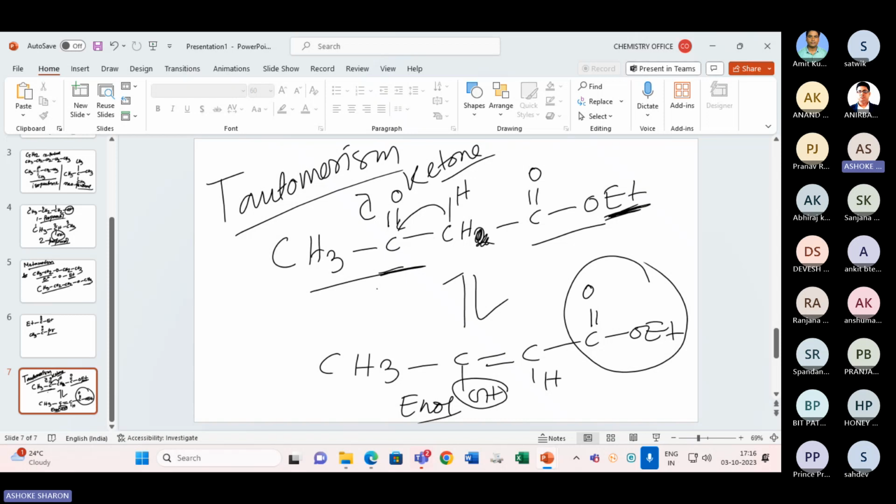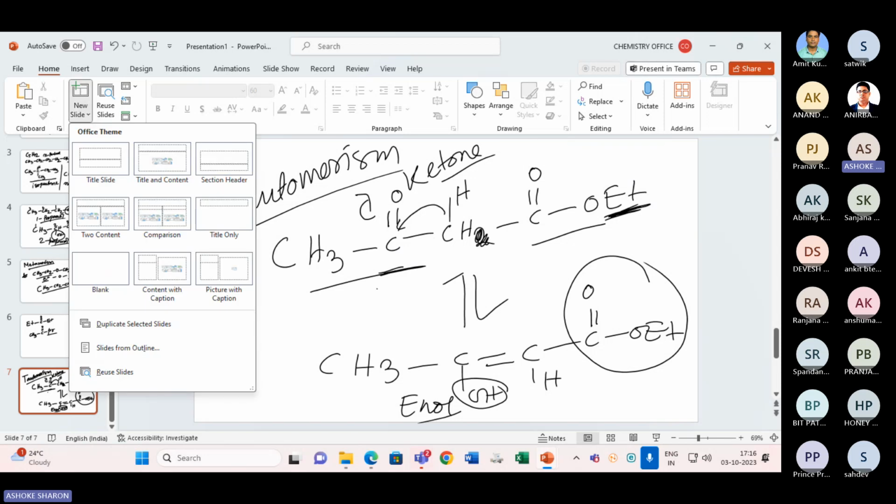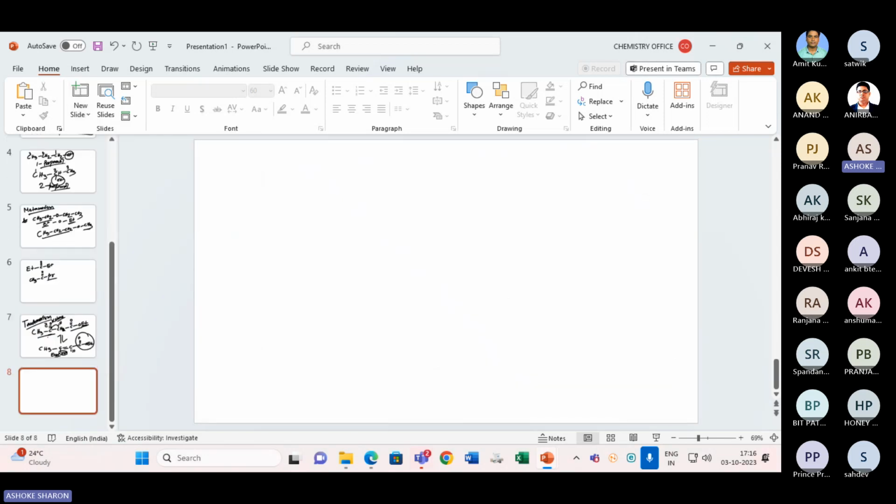So basically, whatever I have told you from the beginning, all this isomerism is related to the structural point of view. Structural isomerism is limited because it's only the connectivity, or sometimes the position, or the chain position that is a little bit different.